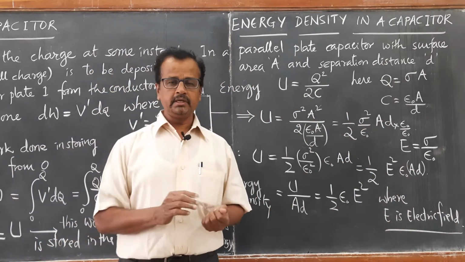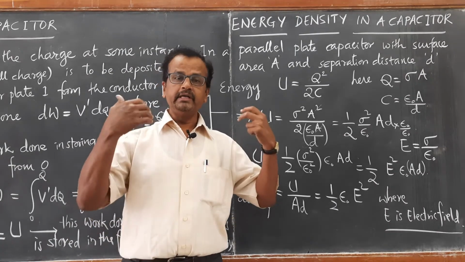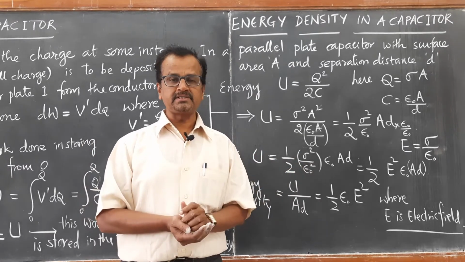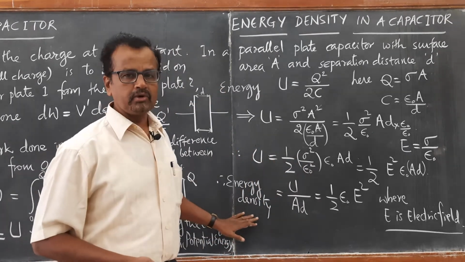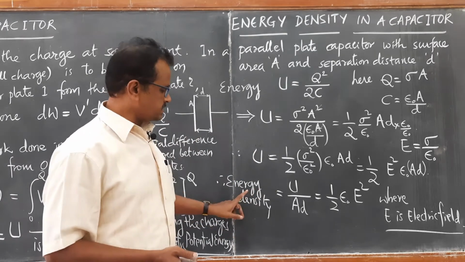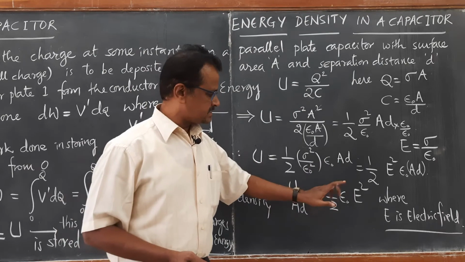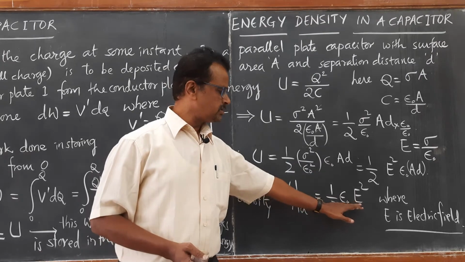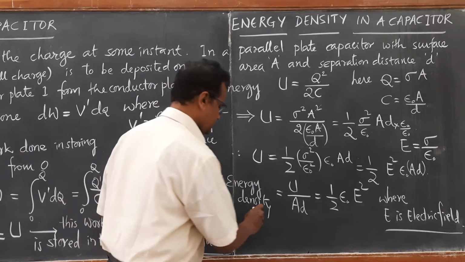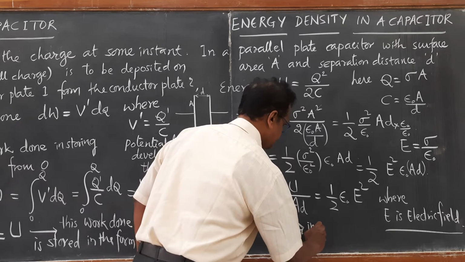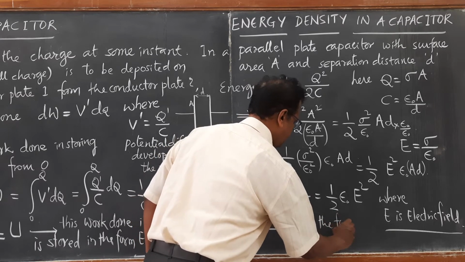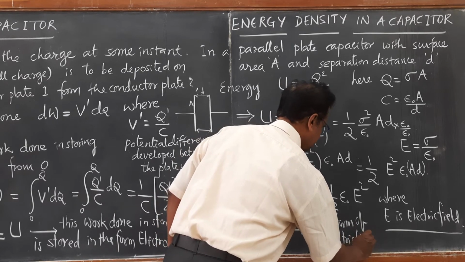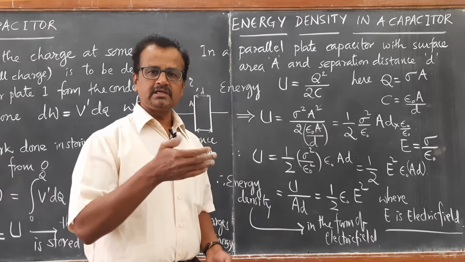So energy stored in a parallel plate capacitor, or in general for any type of capacitor, the energy stored per unit volume is called energy density. Energy density is always half epsilon naught E square. It depends on the square of the electric field. This electric field is developed because of the charges that are stored.